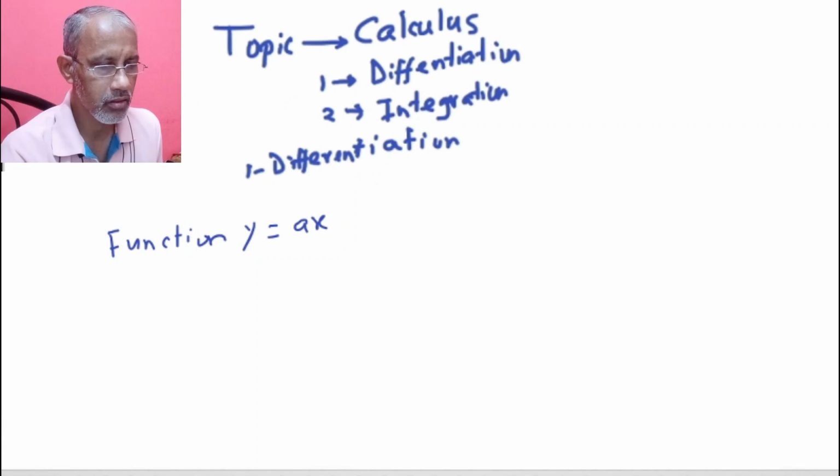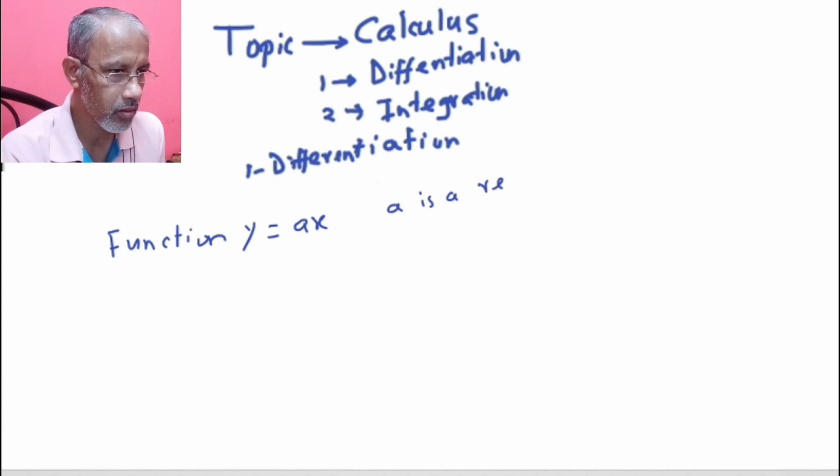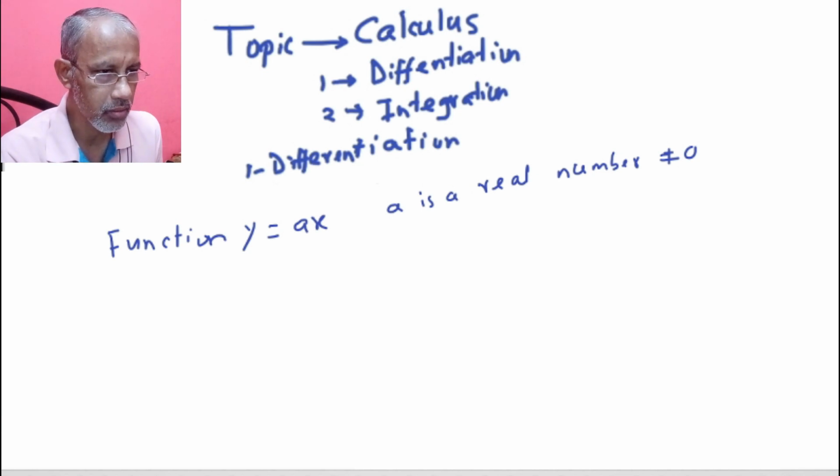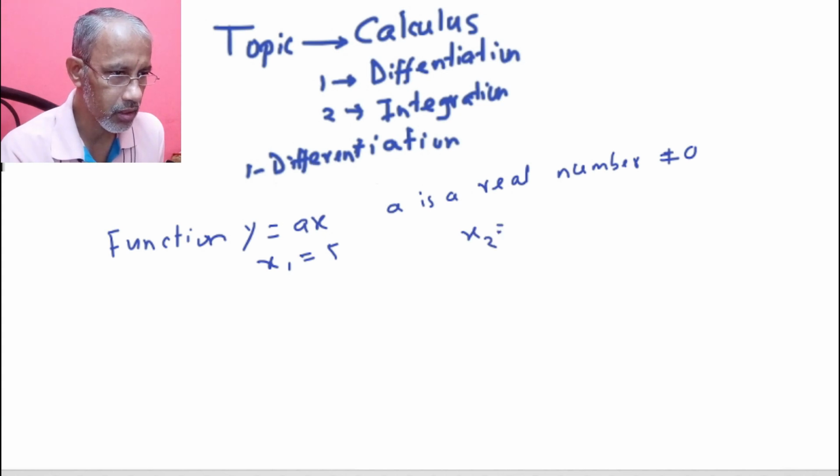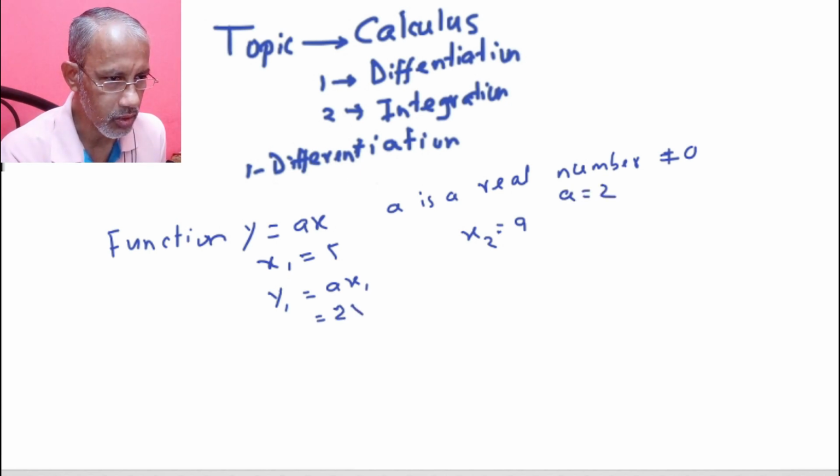Let's take the first order equation as the function y equals ax, where a is a real number but not equal to 0, and x is the variable. Let's take two values of x. Say x1 is 5 and x2 is 9. So y1 is a x1. Let's say a is 2 and x1 is 5, so y1 is 10.